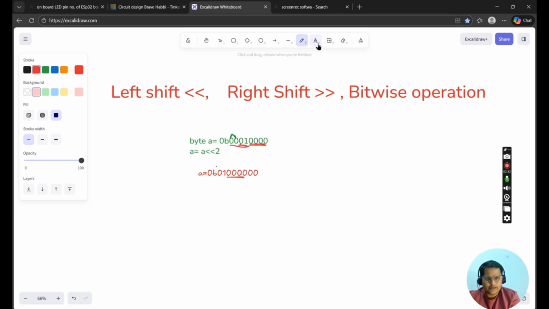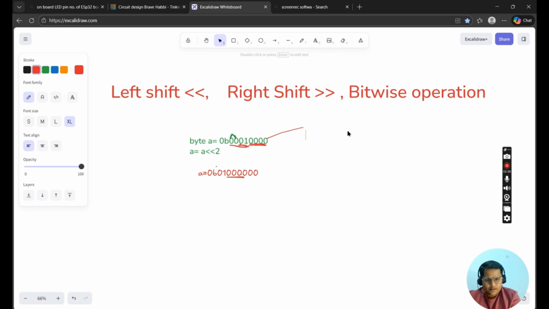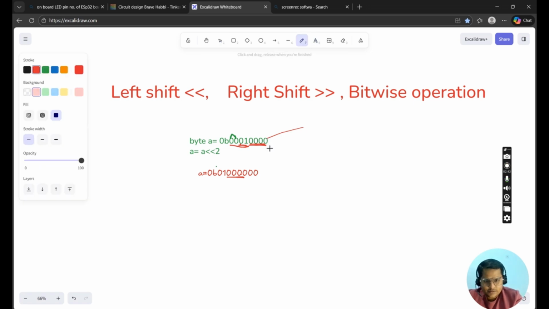How can we calculate this value in decimal? By doing this operation. What is the position of this? This is 0th position, this is first position, second position, third position, fourth position. So 1 is on the 4th place.